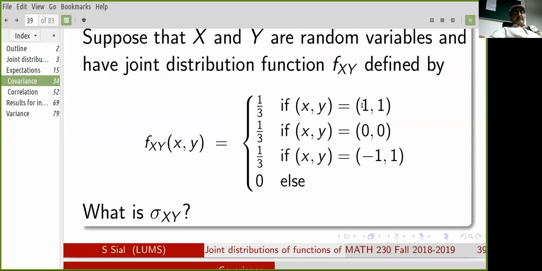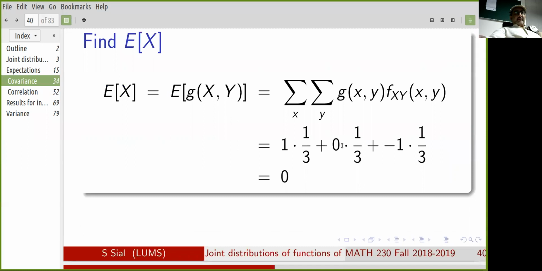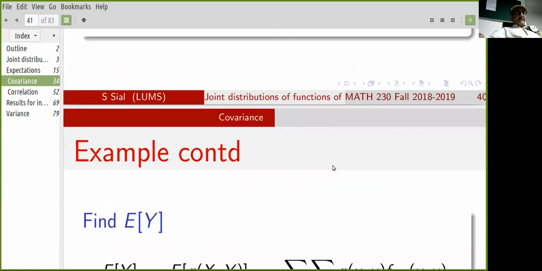So this would be 1 times the probability of this ordered pair, 1/3, plus X is 0 times the probability of this ordered pair, 1/3, and X is -1 times the probability of this ordered pair, which is 1/3. So 1 times 1/3 plus 0 times 1/3 plus -1 times 1/3 is equal to 0. That's the expectation of X.